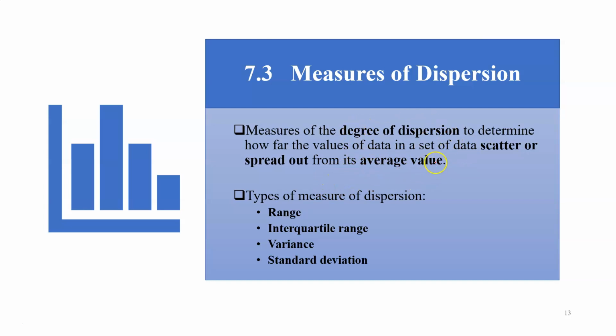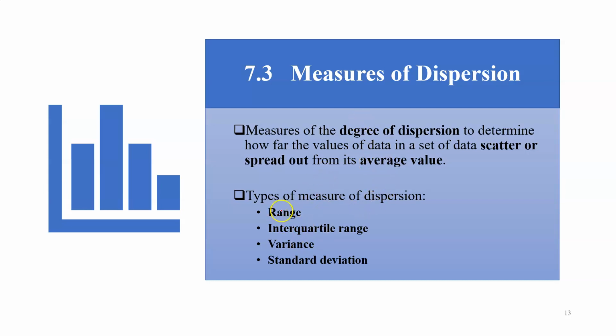Maksud ayat panjang-panjang ni, measure of dispersion. Disperse, apa maksud disperse? Dia macam berterabur, kan? Disperse, berterabur macam tu. So, dia mau tengok sejauh mana data yang kita ada tu, value dia berterabur atau scatter atau spread out from the average value. Sejauh mana dia berterabur daripada value yang asal, average value.